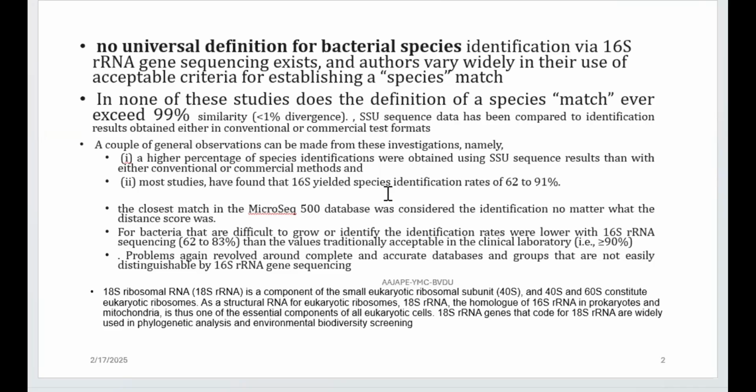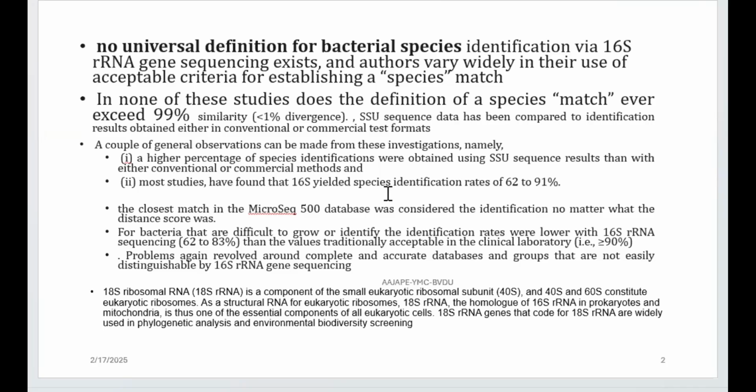For bacteria that are difficult to grow or identify, the identification rates we have talked about are for unculturable bacteria, right? Even when it comes to unculturable bacteria, the database itself is not that rich. That is one thing. Secondly, there is difficulty in growing these organisms and identifying them.